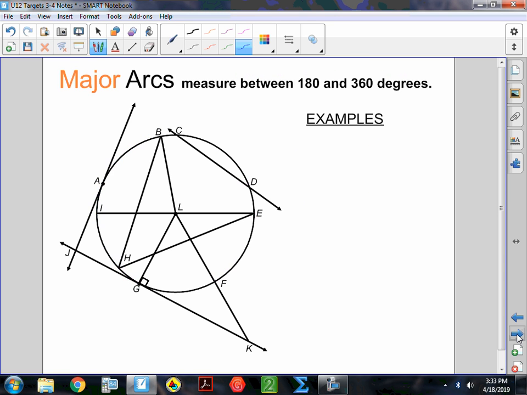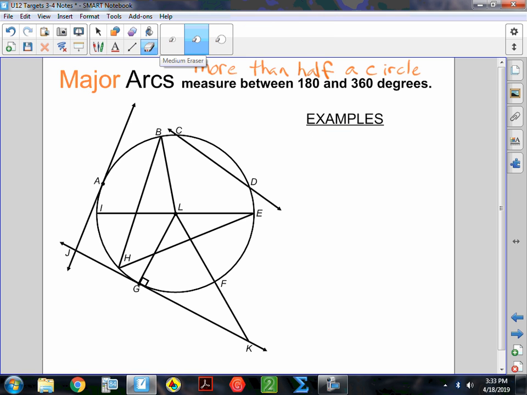The second one is a major arc. A major arc is more than half a circle, and we use three letters to name a major arc. For example, I could do arc BEG.